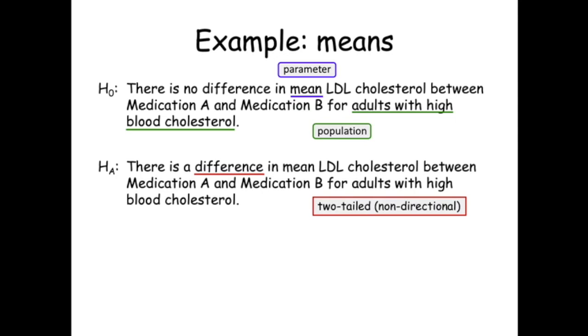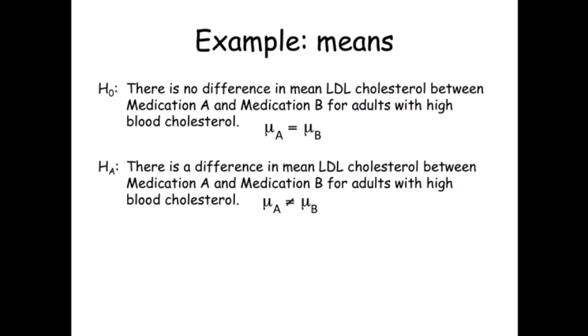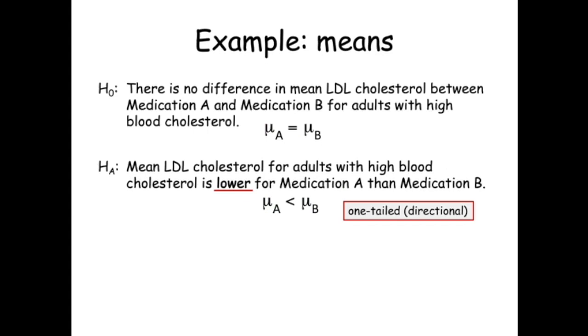This is a two-tailed or non-directional hypothesis because the researcher is not looking for one medication to be better than the other. This is a shorthand way to state these hypotheses, using subscripts for each group. If the researcher believed that one medication would produce better results than the other, the research hypothesis would be directional.